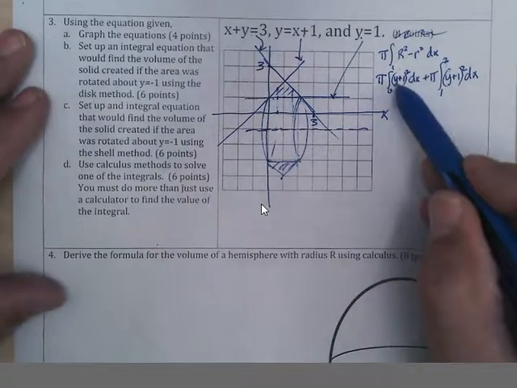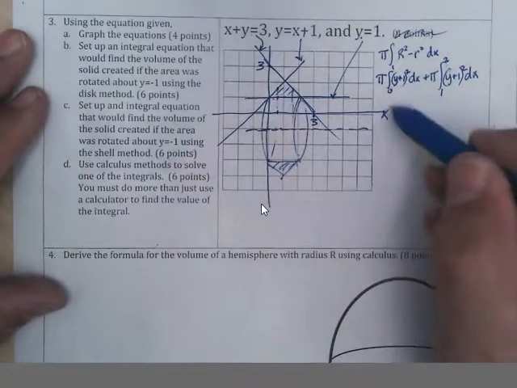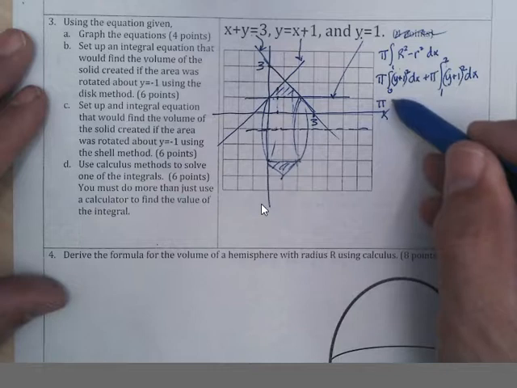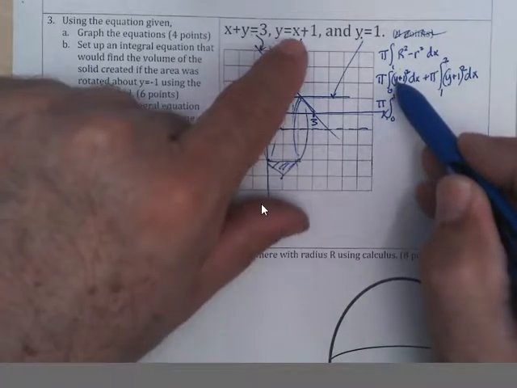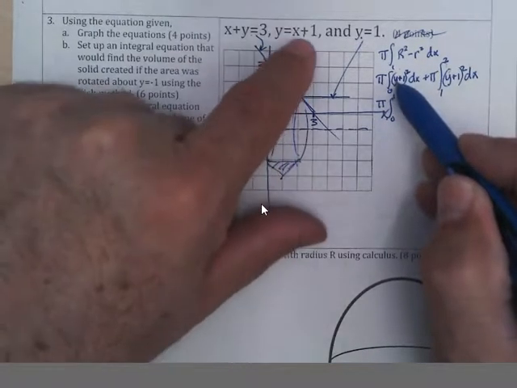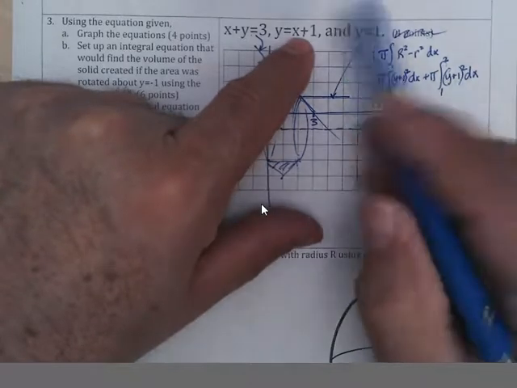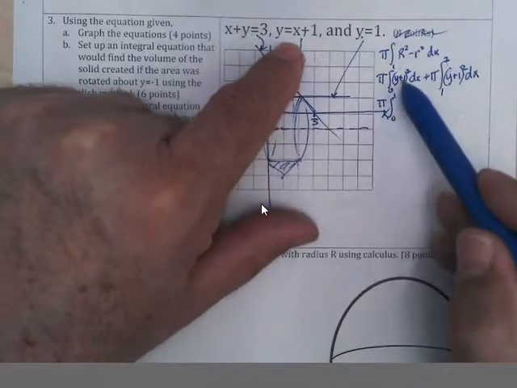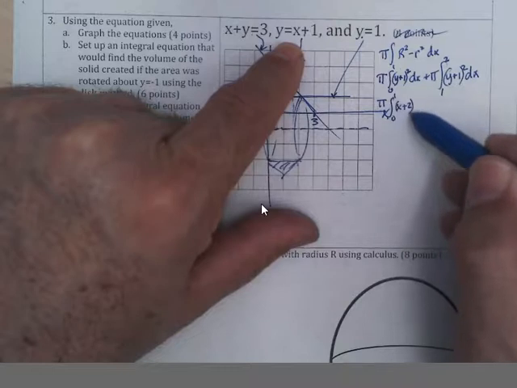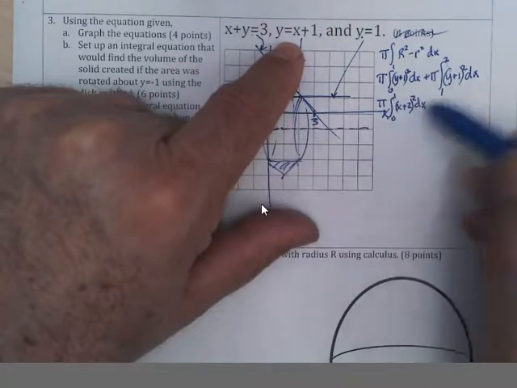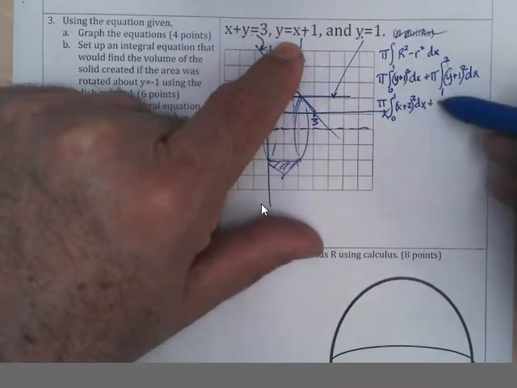Now I have to get the y's in terms of x, so I would have to go pi integral from 0 to 1 of, see, the y, the first one was this, so it's x plus 1, so it's going to be x plus 2 squared dx plus pi.